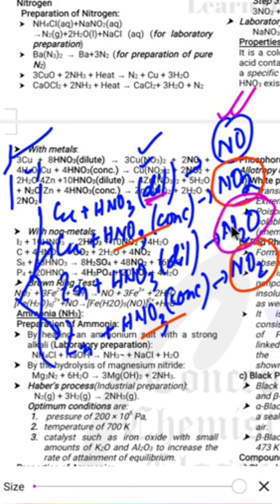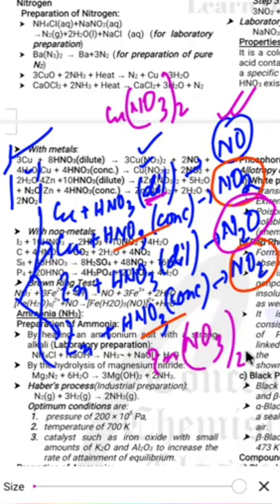This is the way to memorize this reaction. Okay, in all four cases, copper nitrate will be formed with copper, while zinc nitrate will also be formed with zinc, right, along with water. Here also water. Okay.